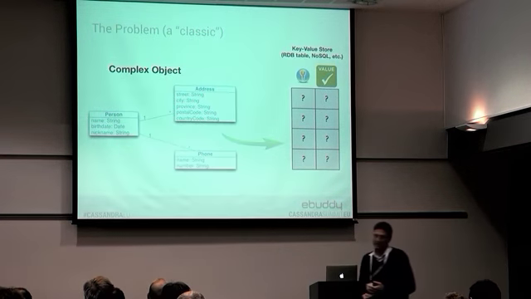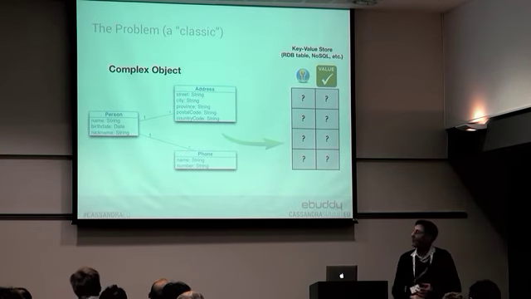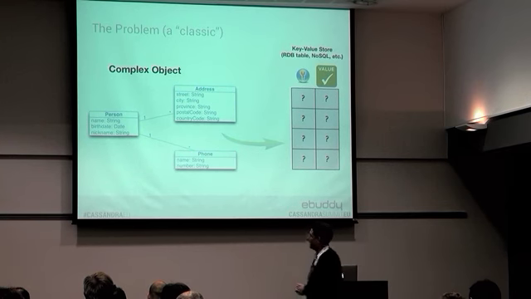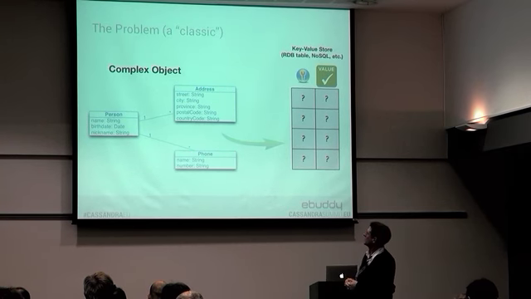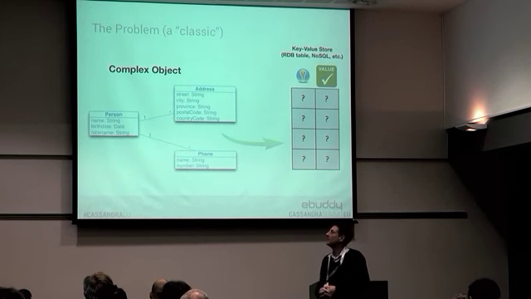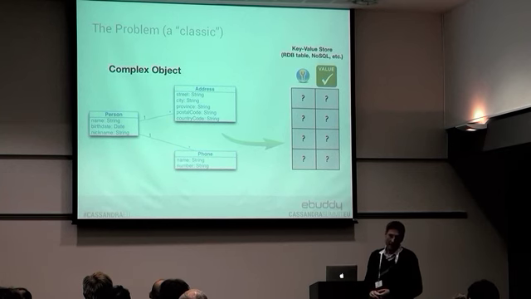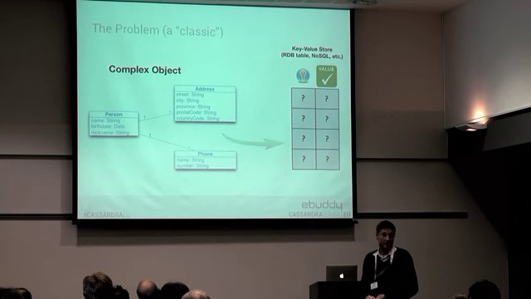So it addresses a classic problem: I have complex objects, complex structures that might contain collections of other objects, and how do I store that in a data store that supports simple data like keys and values?